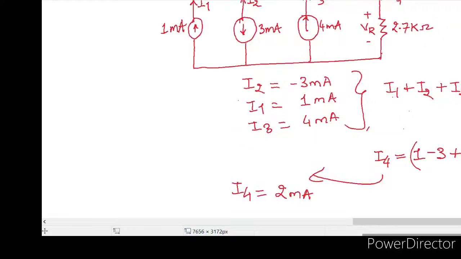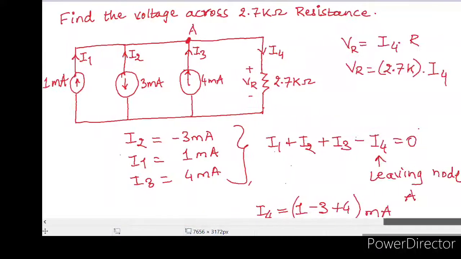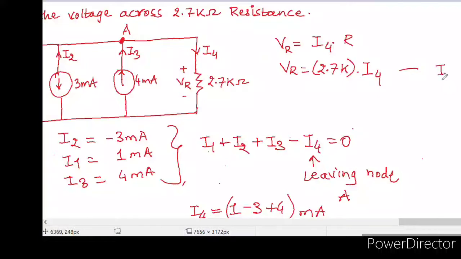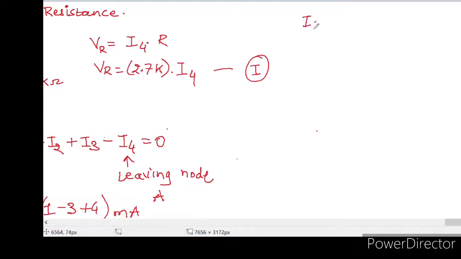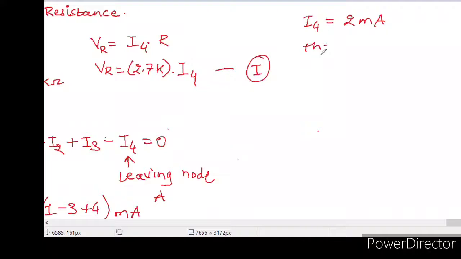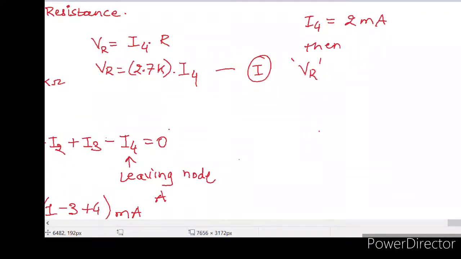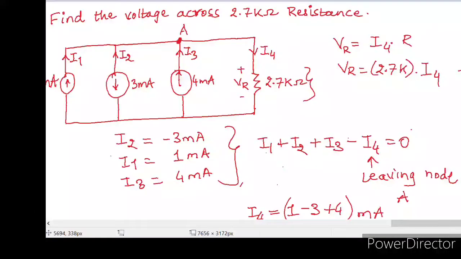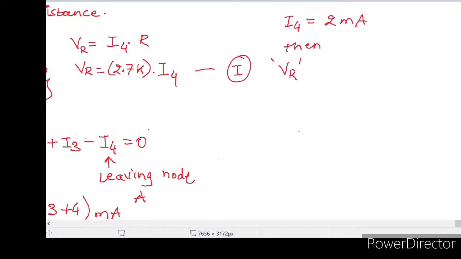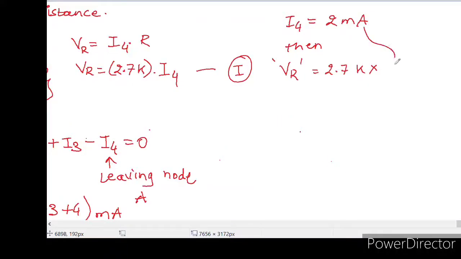Now, if we call this equation 1, and if we substitute the value of I4 is equal to 2 milliamperes, then VR, that is voltage across resistor R, is equal to 2.7K multiplied by I4, that is 2 milliamperes.